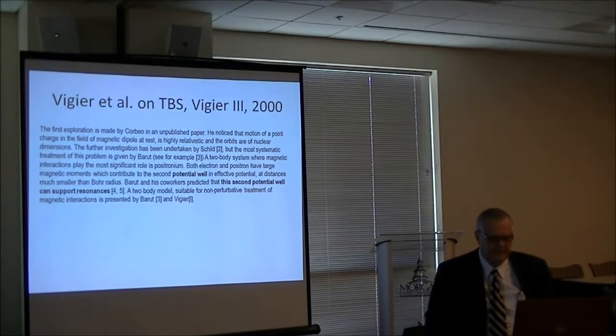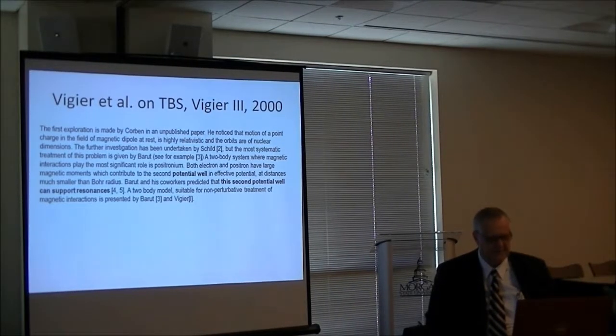A two-body system where magnetic interactions play the most significant role is positronium. Both electron and positron have large magnetic moments which contribute to a second potential well in the effective potentials at distances much smaller than the Bohr radius. Barut and his co-workers predicted that this second potential well can support resonances.